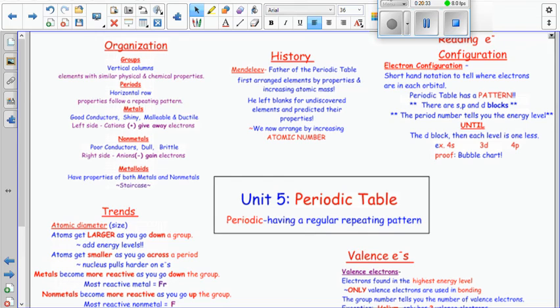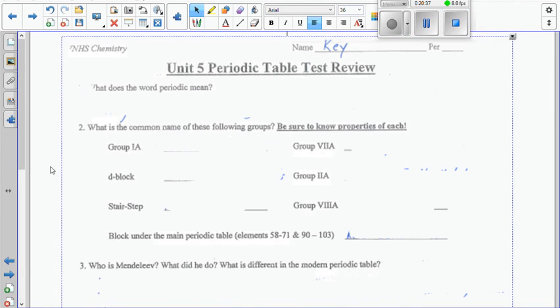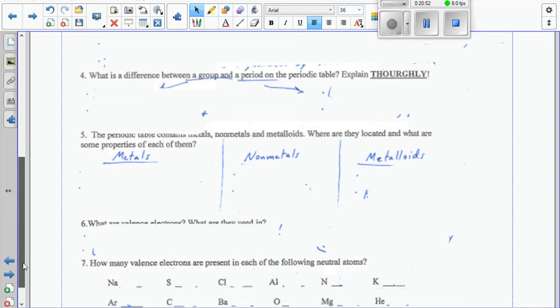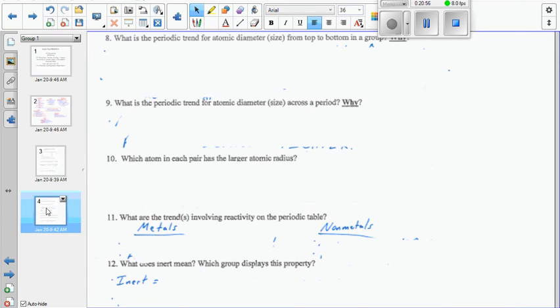Here's what I'm looking for from folks. This is your Unit 5 review sheet. This is the last page. There's a lot of great practice in there. Some problems that I definitely suggest you guys do, not because they're the most important in terms of points on your test, but because they're the most missed. It's on the back here, I think.